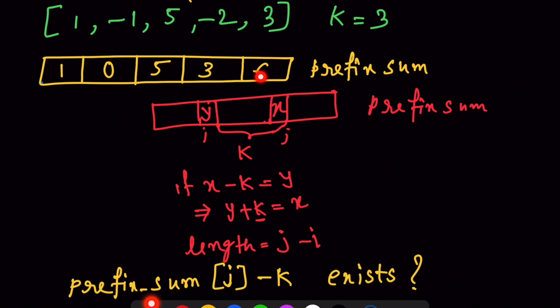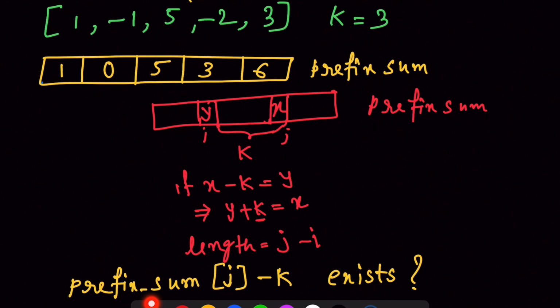I want a subarray with sum k, right? If we don't know the starting point, what will be the starting point? If there is any prefix sum with 6 minus k, let's say here 6 minus 3 is 3, we have a prefix sum here at 6 minus 3, right? That means this part is 3.